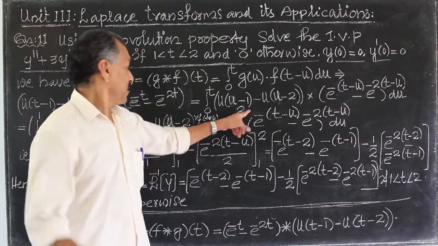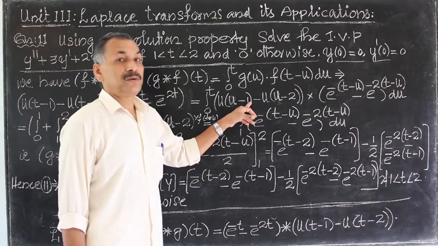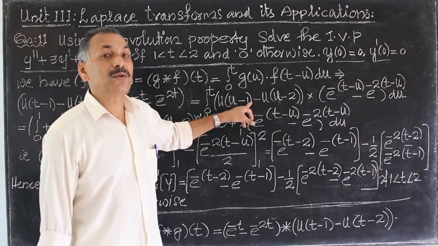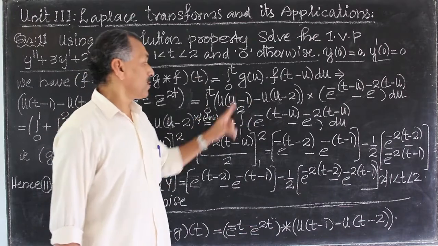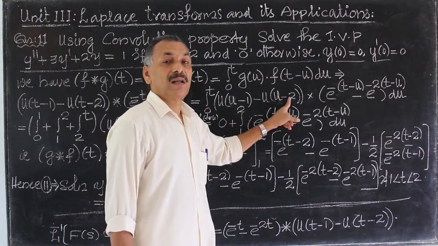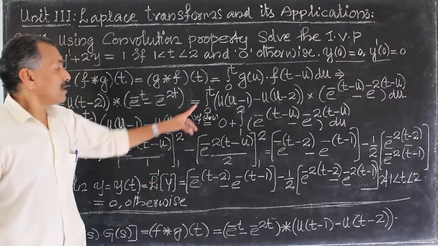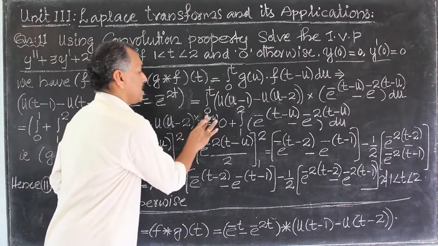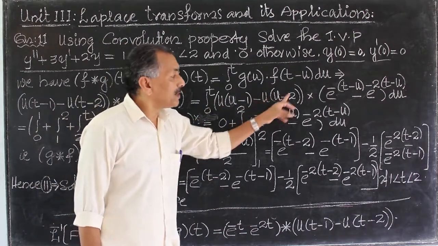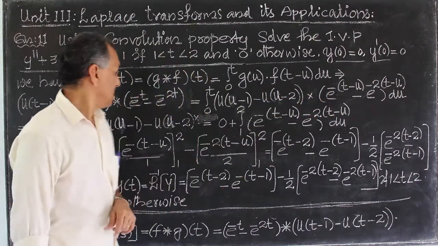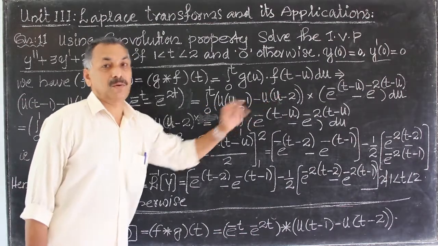Suppose t is greater than 2, integral 2 to t. If it is greater than 2, what is the value of u(u-1)? If u is greater than 2, then it is also greater than 1, therefore this is equal to 1, and this too is 1. Another 1 minus 1 is equal to 0 into this value. That means integral 0 to t of u(u-1) minus u(u-2) into this value is equal to integral 0 to 1, where the integral value is 0.